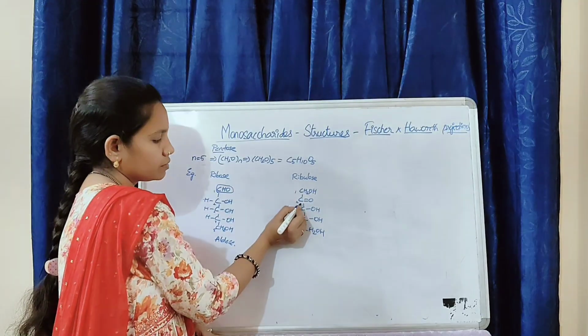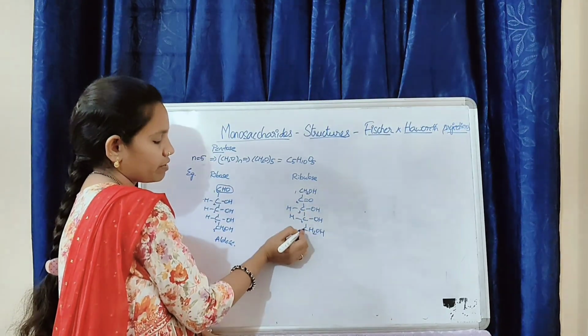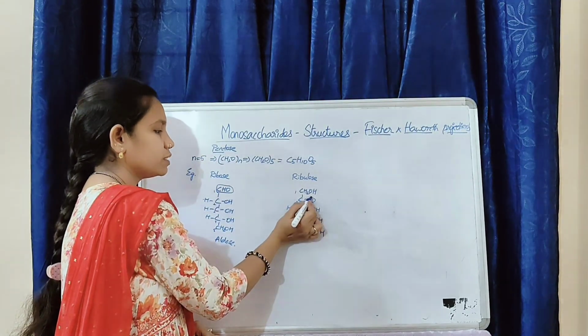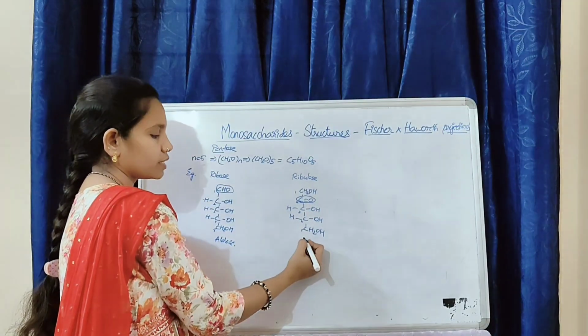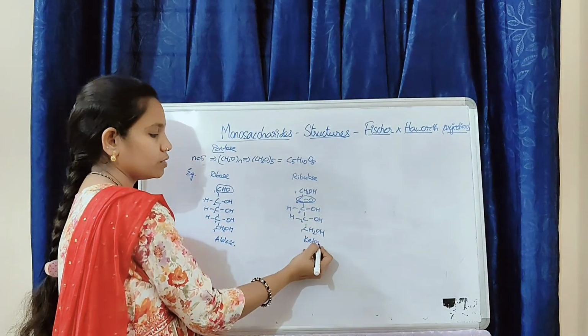Start numbering 5 carbon atoms, and the carbonyl group is ketone group, so it is an example for ketose.